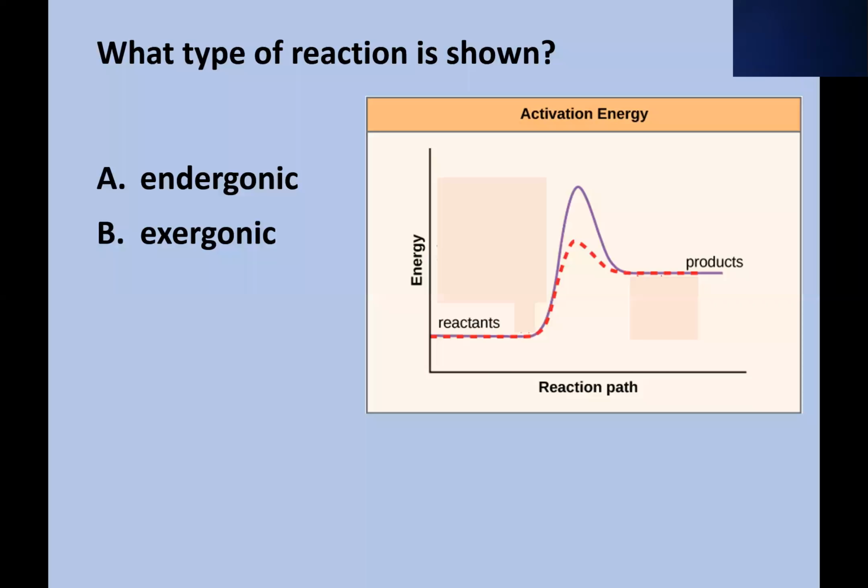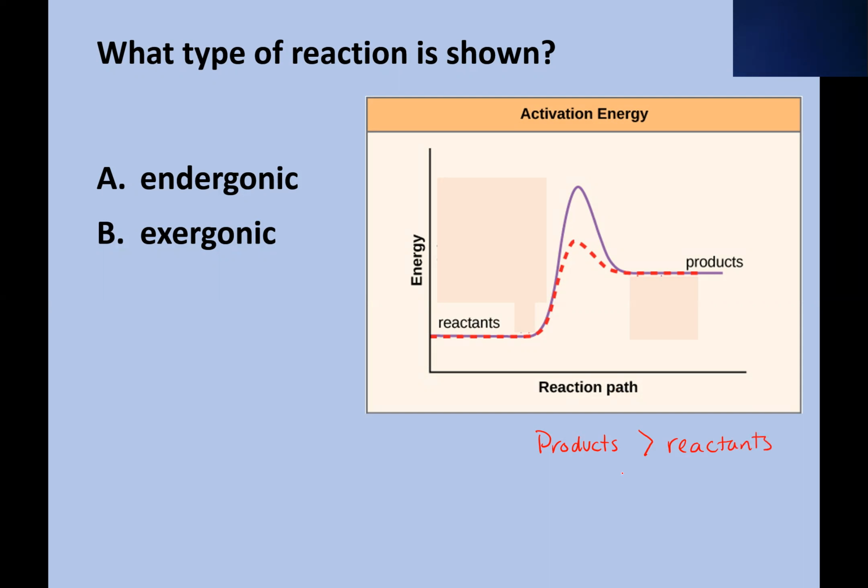So the first question is, what type of reaction is shown? Okay. So a couple ways to tackle this. You can see that the products have more energy than the reactants. They're higher up there.